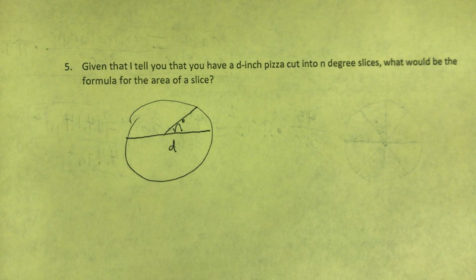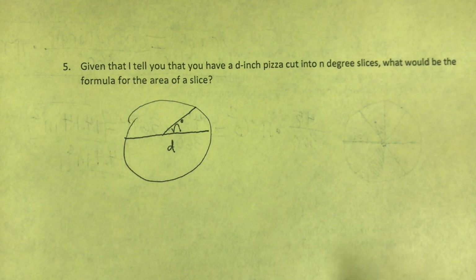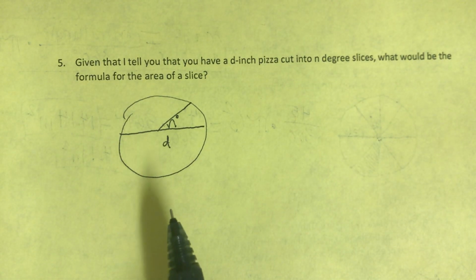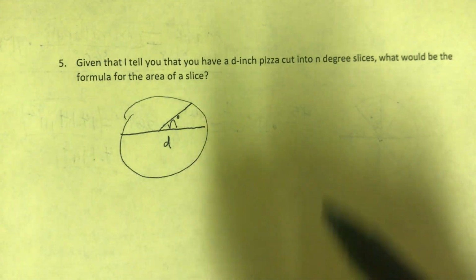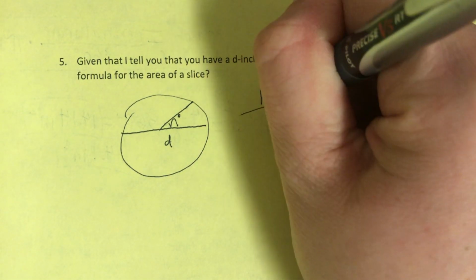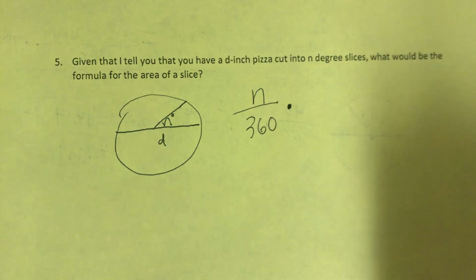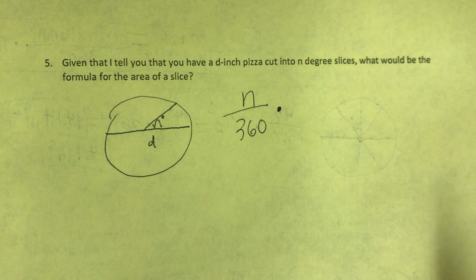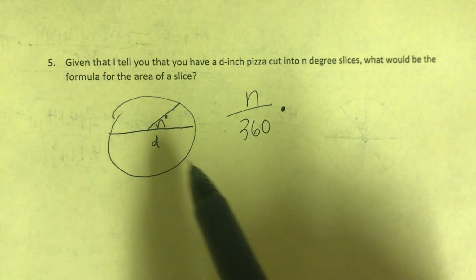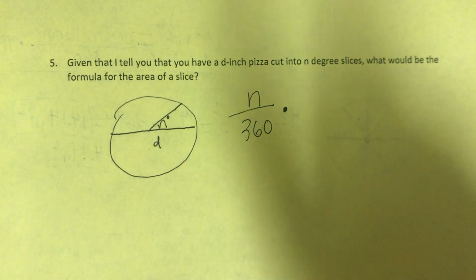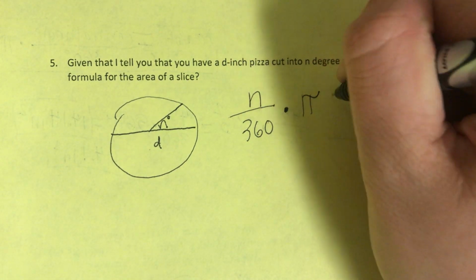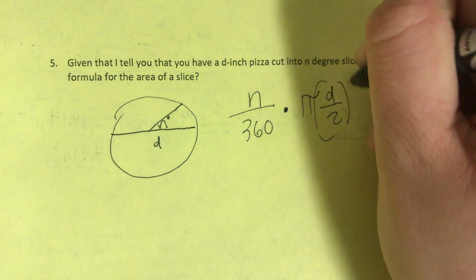Now we're just going to write a general formula. So remember, we want our central angle. So in this case, it's n degrees over 360 times our area of the whole circle, pi r squared. But right now this is d, so to write it as d, it'd be d over 2 squared.